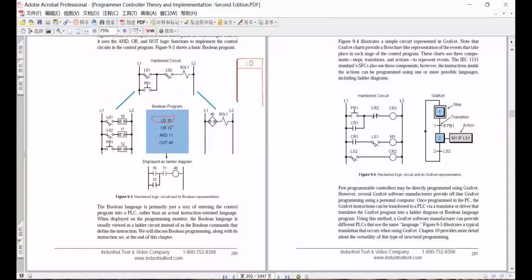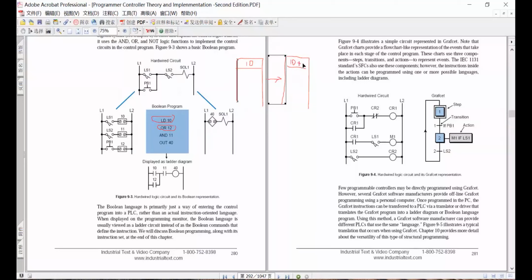Next, OR20. When we execute this one, what is the stack changed to? Ten or 12.